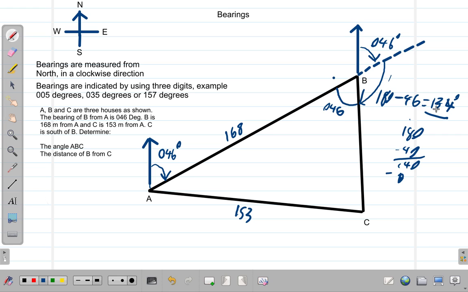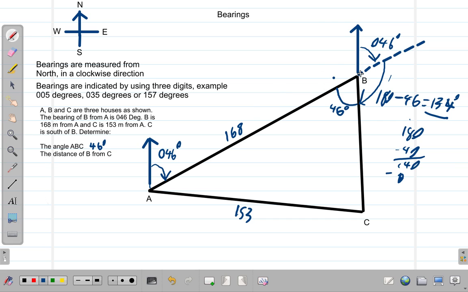But if we continue here, 134, 180 minus 134 would get 46 degrees. So the angle is 46 degrees. It's not a bearing, so we'd have to write the 3 digits. So this angle is 46 degrees. Okay, good.